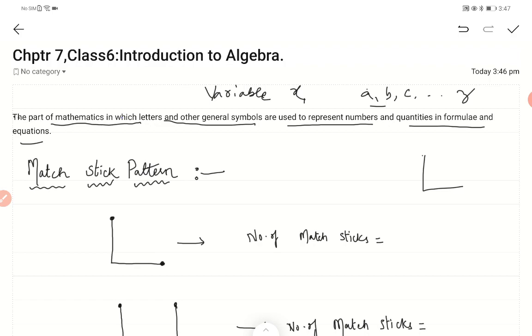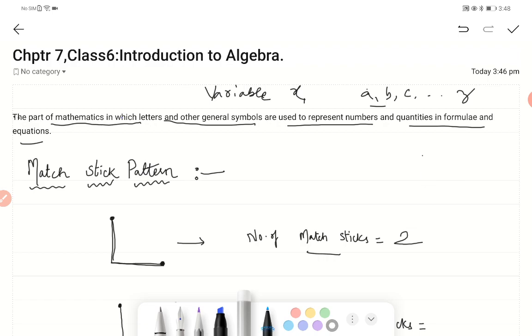How many matchsticks do I need? I will need 2 matchsticks: one like this, and the other placed like this, and it becomes an L. So I need 2 matchsticks.